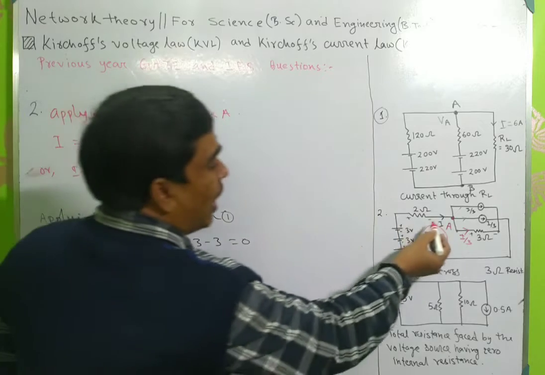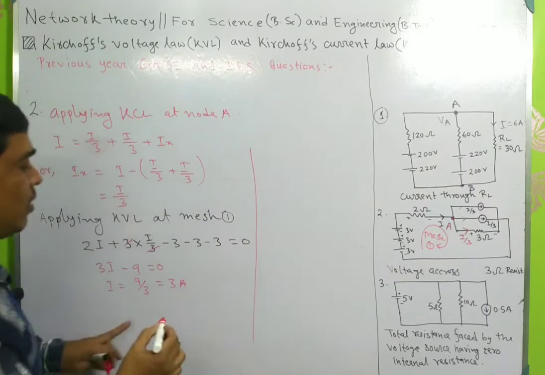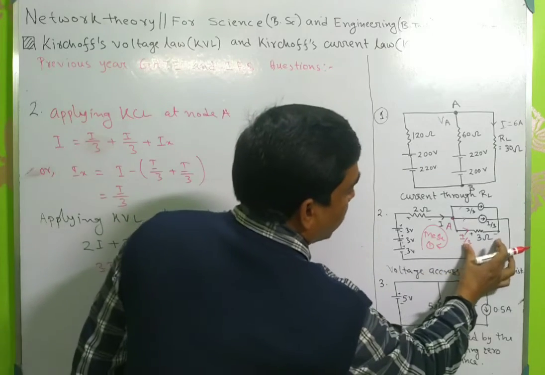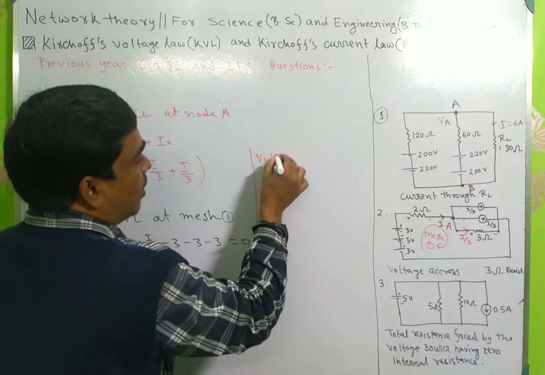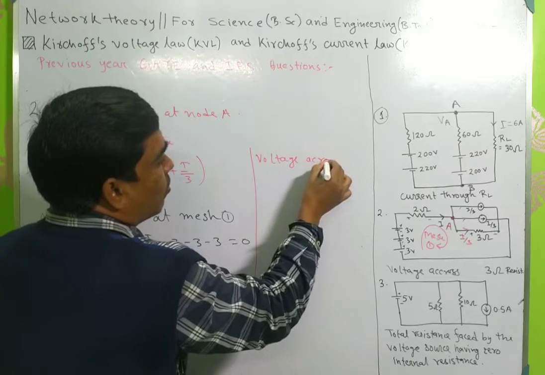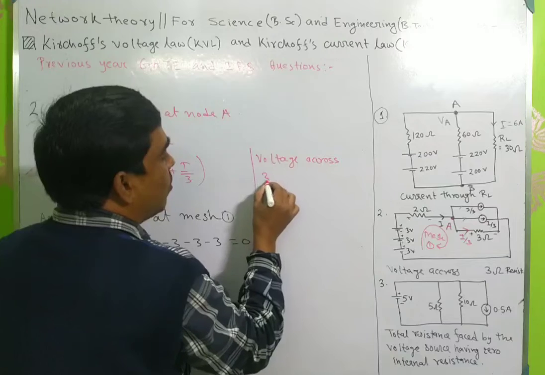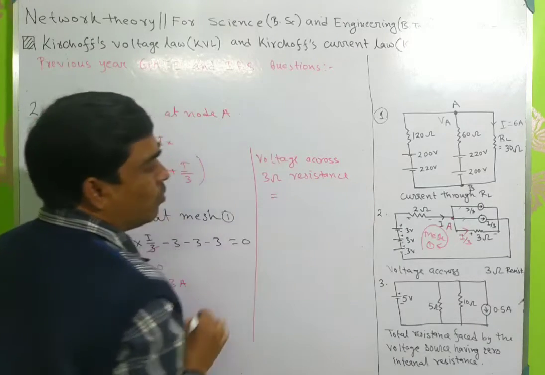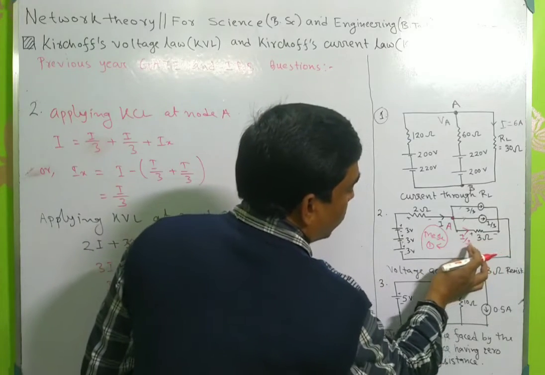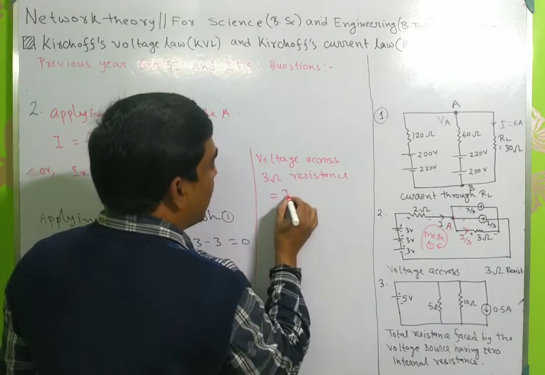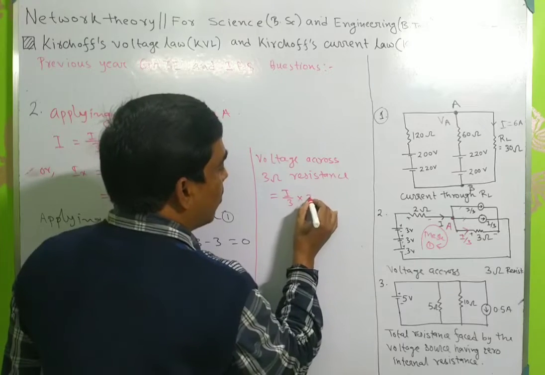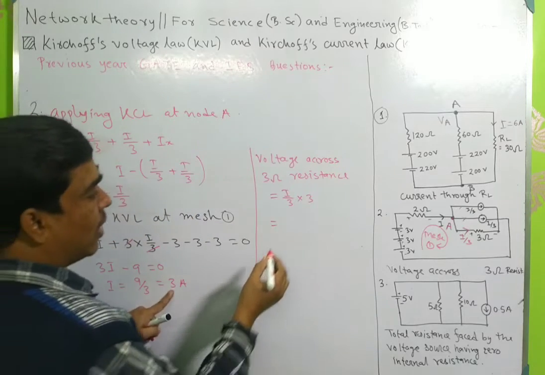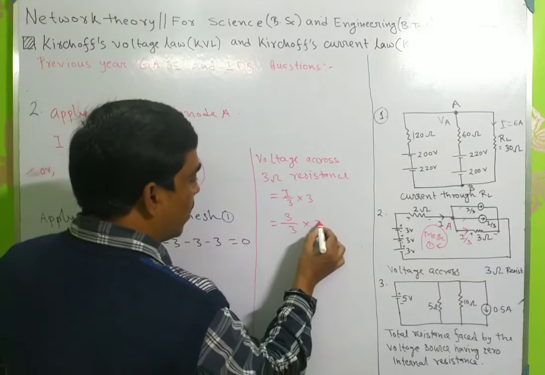Okay, so the value of I is calculated. Now the voltage across the 3 ohm resistance equals I into R. This is I, this is R. The value of I is given as 3, so 3 by 3 multiplied by 3.